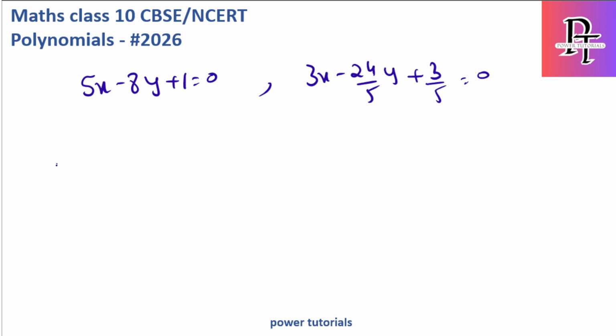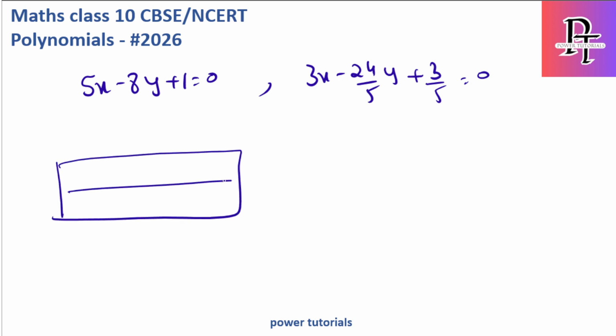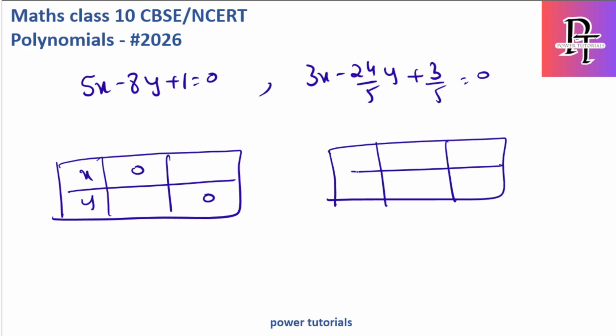Okay, same method: I will keep x as 0, then y as 0, in the x, y table. If y is 0, then 5x plus 1 is equal to 0, so the x value is minus 1 by 5.